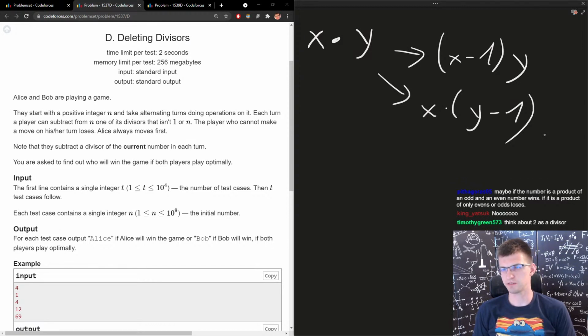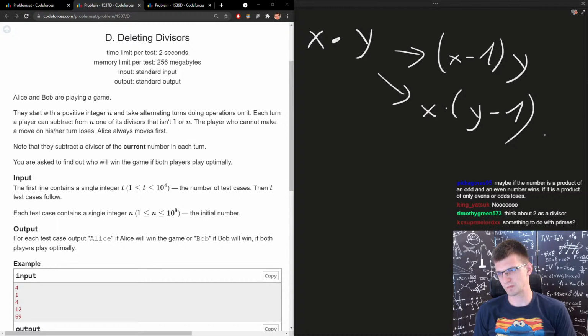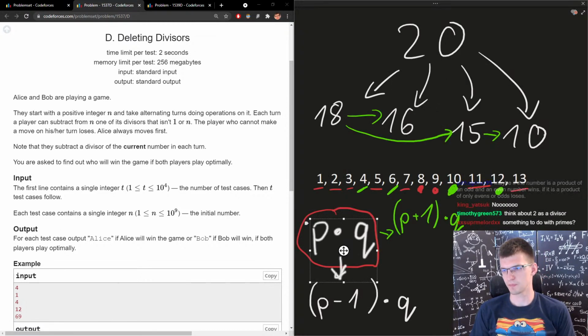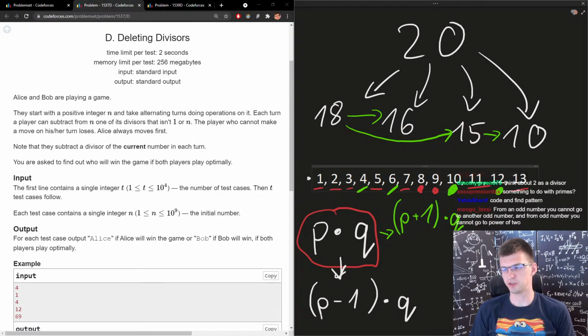Think about 2 as a divisor. At least here for this first 13 numbers, only even numbers are candidates. But in general, I don't think why that would be true.